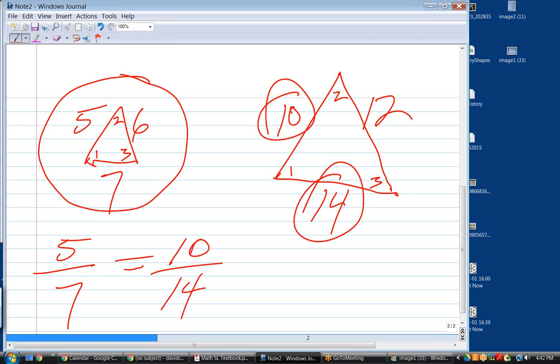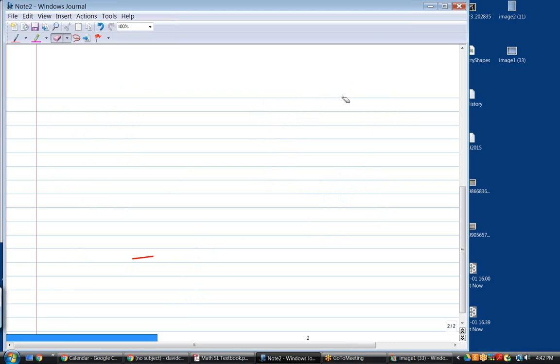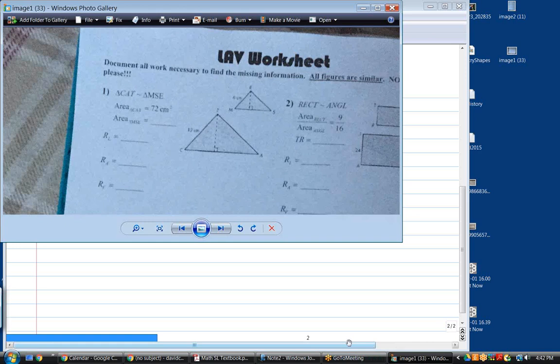So it's not just that the ratios are the same between corresponding parts of the triangles, but all of the internal ratios are the same also. So all of these problems that we're going to look at here are going to have to deal with ratios.